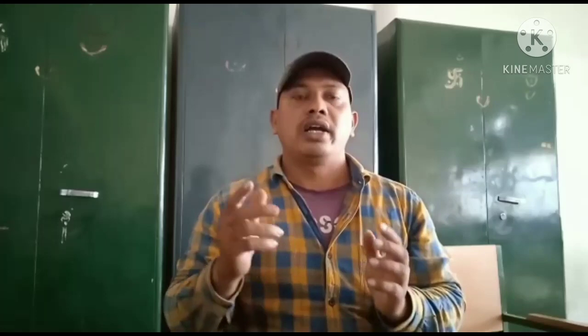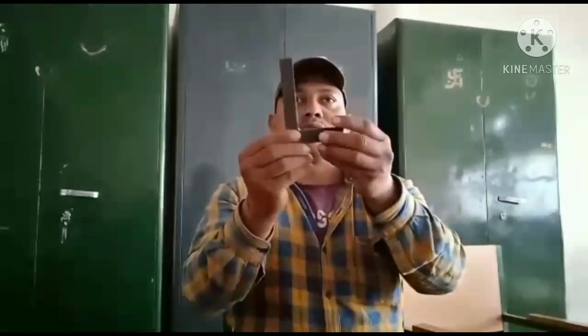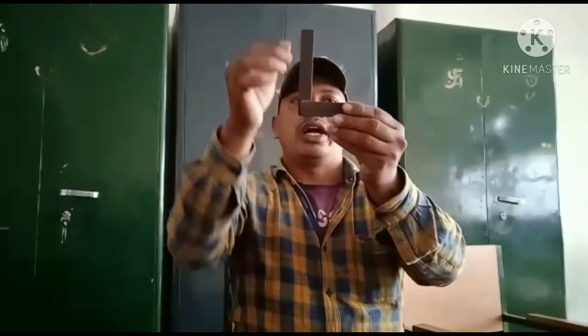Next, marking operation. After measuring operation, we start marking operation. The marking tools are try-square, scriber, punch, and hammer. Try-square has two parts, stock and blade.